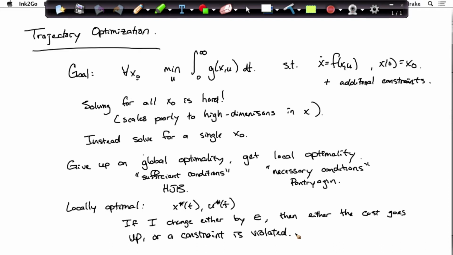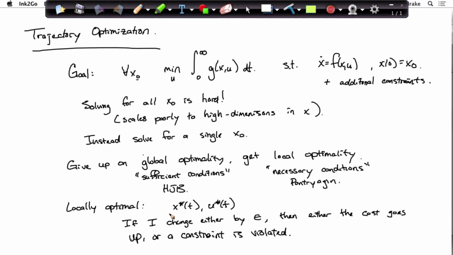So one of the two has to happen, and if I can say that no matter how I change x and u here, I always get worse in some way, then that's my definition that in this x and u I'm locally optimal. Again, it's a necessary condition for optimality, but not a sufficient condition.